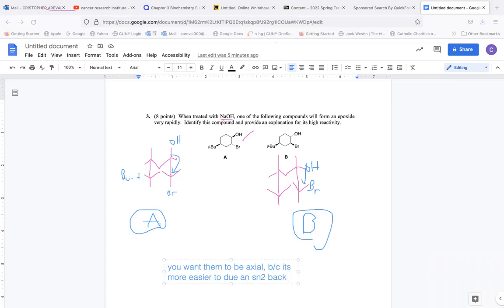This back attack. Stability could be a small answer, but the real answer is this. You want them to be axial because the SN2 attack is much easier to do. Does that make sense? It's 8 points. It's an important question. All right.